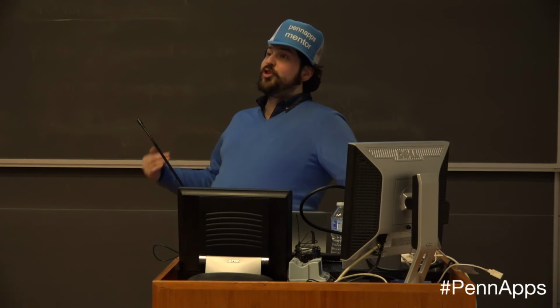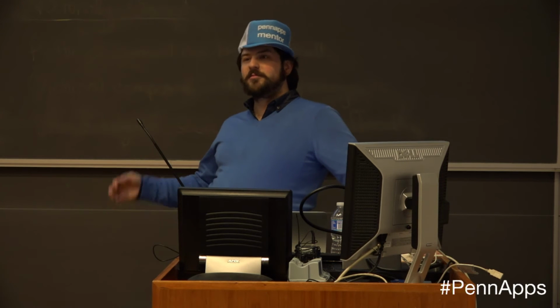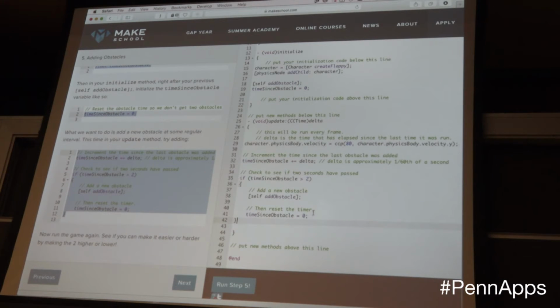Once it's been 2 full seconds, we're going to add another obstacle. Every 2 seconds, we're going to have an obstacle. So that's what that code here is doing. Very simple syntax, exactly what you would expect. If, parens, brackets. Again, this here is telling itself to add an obstacle. And this is just resetting the timer.